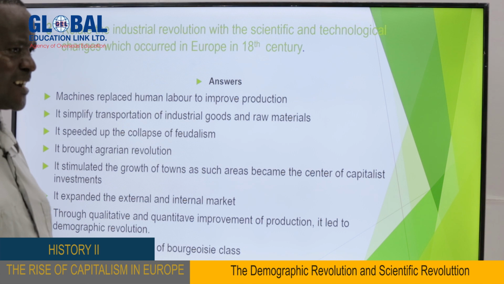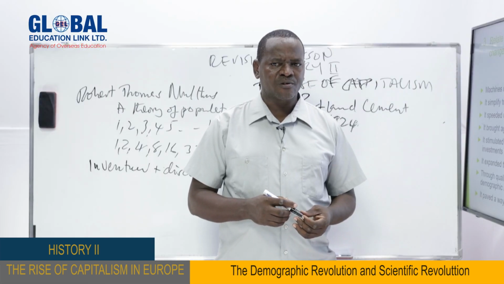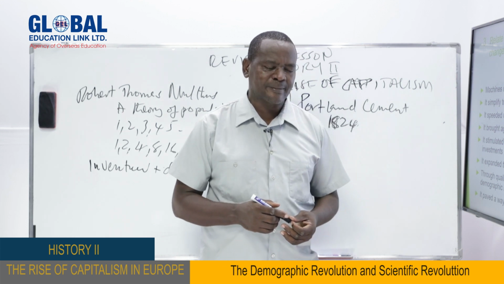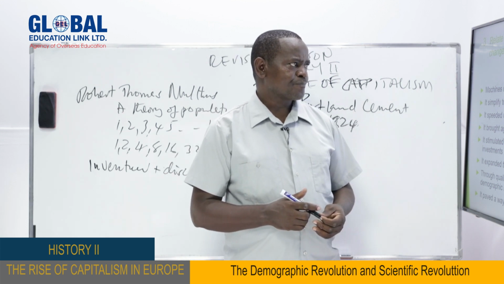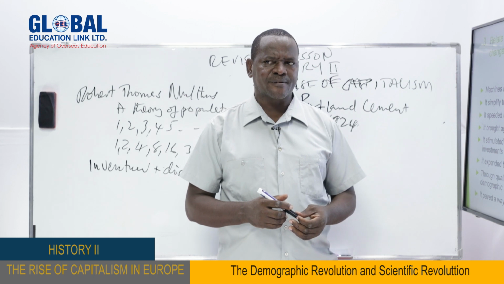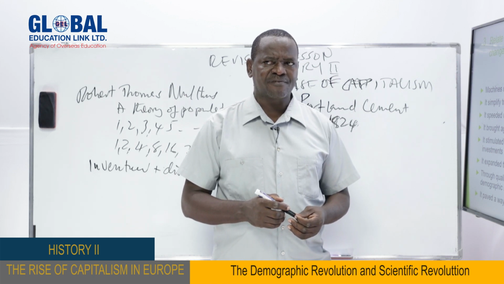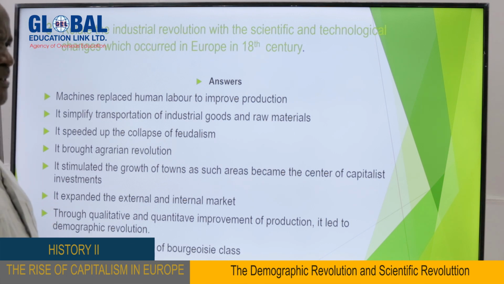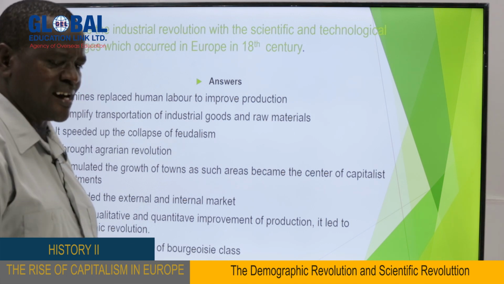Of course, we said that the capitalists, people with no capital, were able to accumulate capital first to become petty capitalists, and because of their involvement in different sectors of production, by using the advanced science and technology, they were able to transform themselves to become the bourgeoisie class, and so on.